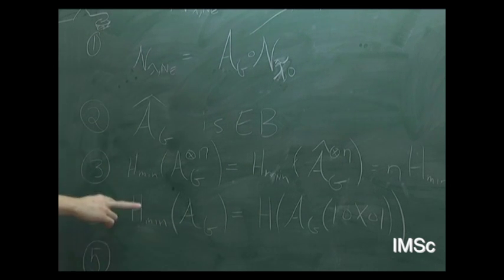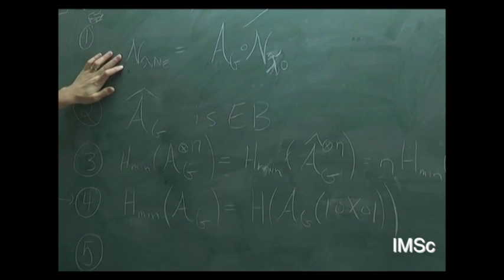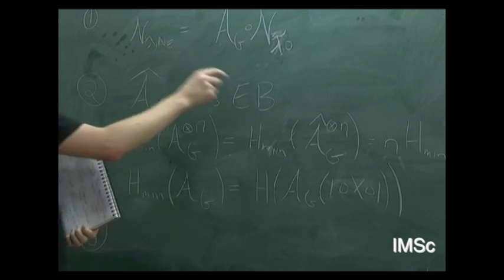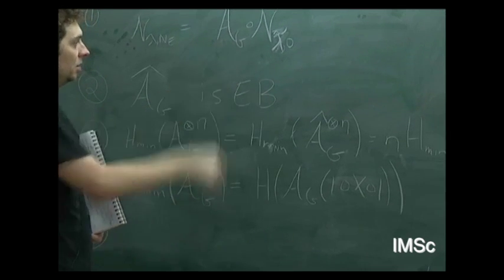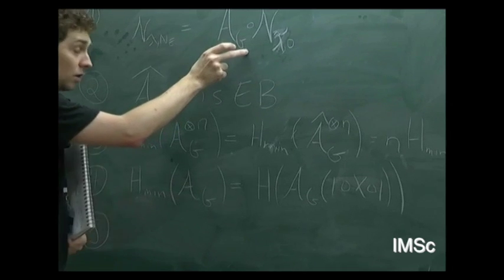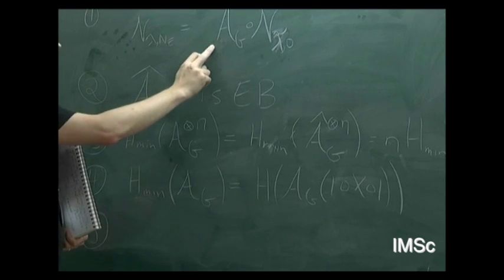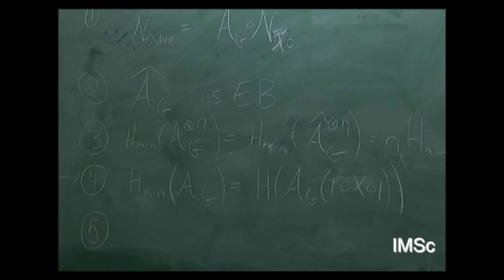Yeah, so once we do know this, well, we want the minimum output entropy of the thermal noise channel, right? However, since it's a concatenation of some channel and the quantum limited amplifier, and we know that the quantum limited amplifier has minimum output entropy achieved on the vacuum state, we can't do any better.